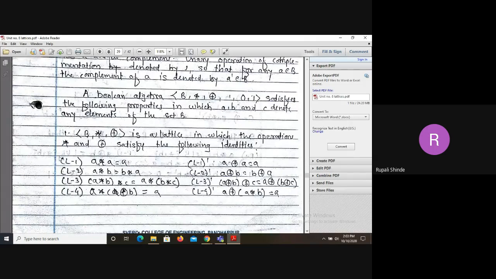Whatever properties we have written for lattice are denoted by L1, L2, L3 and L4. L is for lattice and there are 4 properties.